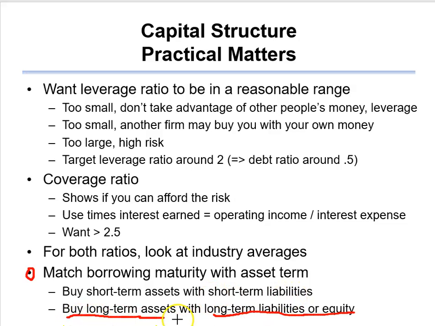If I'm buying a house or a building or a tractor, don't use short-term liabilities. Use long-term. Why? You want to match the terms because the short-term liabilities can be more volatile. So you want to have certainty in your planning. This is a very important concept in terms of capital structure. All right. Hope that helped.